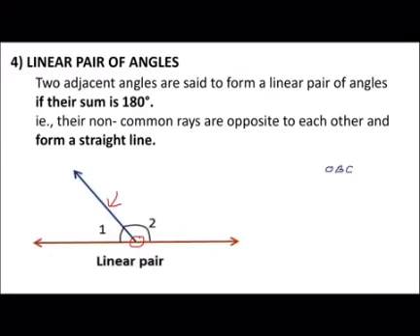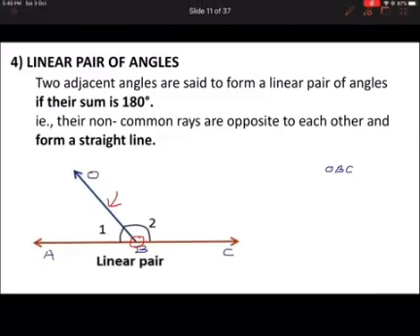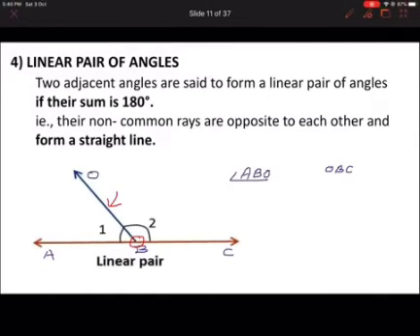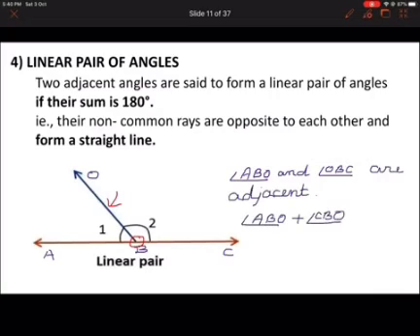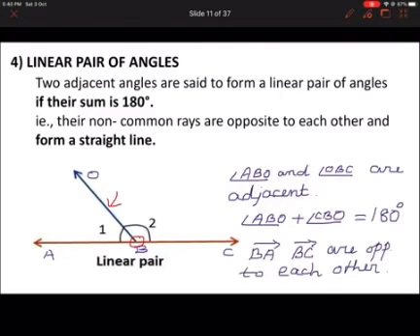So, angle ABO and angle OBC are adjacent angles. So, angle ABO and angle CBO equals 180 degrees, and BA and BC are opposite to each other. What did we say? They are non-common rays. Common ray is OB, non-common rays are BA and BC. They are opposite to each other and form a straight line, children. Okay, fine.